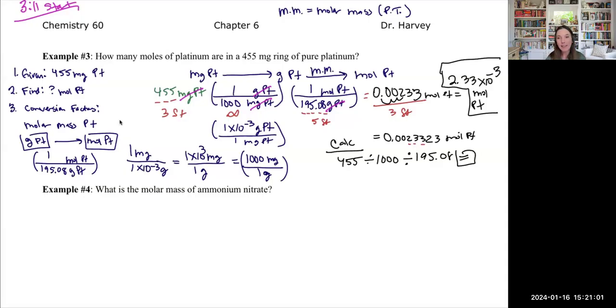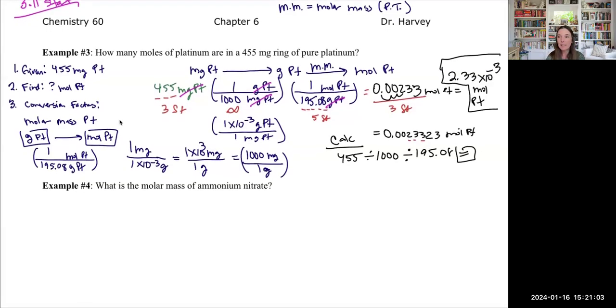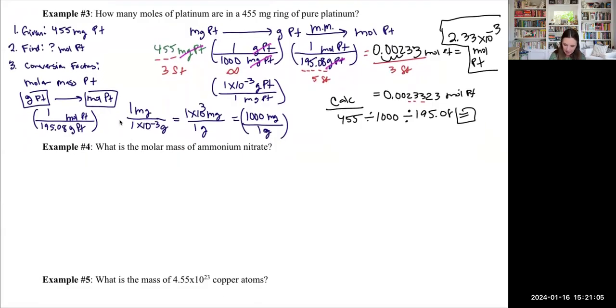Okay, let's look at example number 4. What is the molar mass of ammonium nitrate? So this is a good review for nomenclature, polyatomic ions, writing neutral compounds of ionic formulas. So ammonium, NH4 plus, and remember ammonia is the neutral one, NH3.